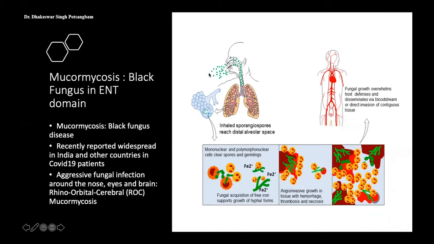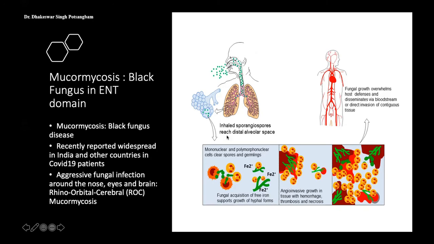Okay, so this fungus, they are flying in the air, in the atmosphere, and they are being inhaled. And it infects the sinuses and the nose. Then the particular form that we are seeing in mucormycosis, the black fungus disease, is the rhino-orbital cerebral form, that is, the nose, eye, and brain problem. So this disease starts in and around the nose.